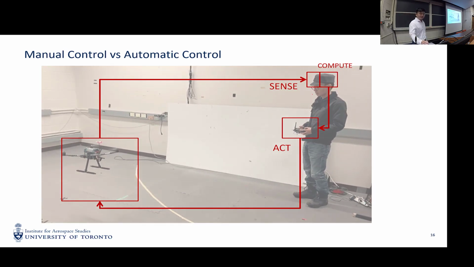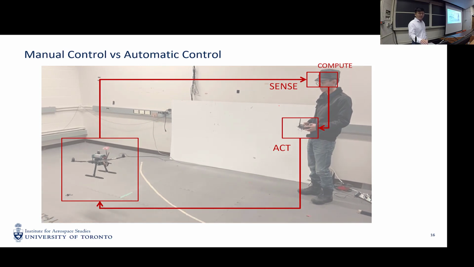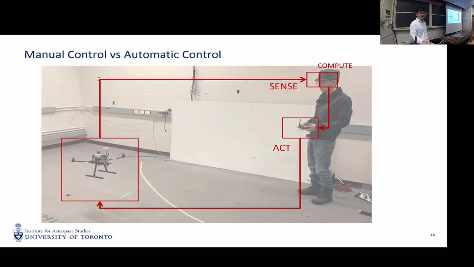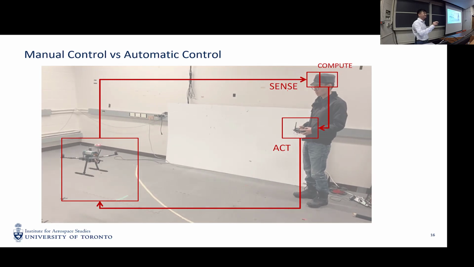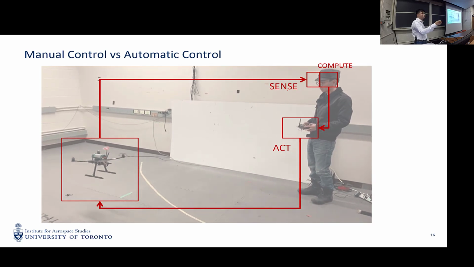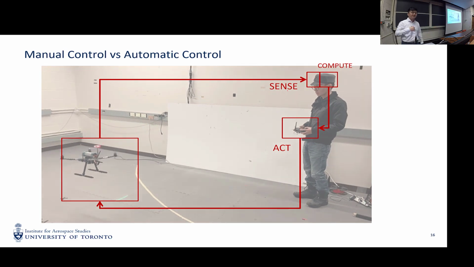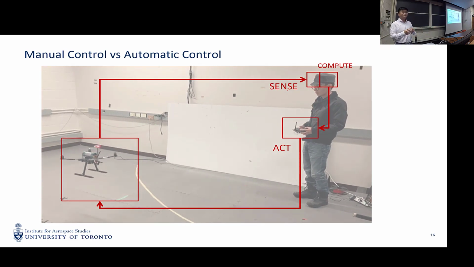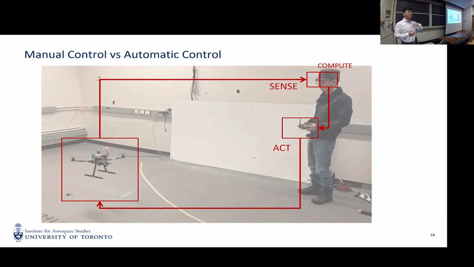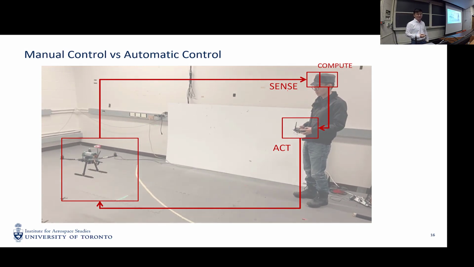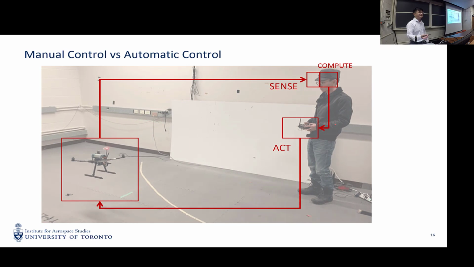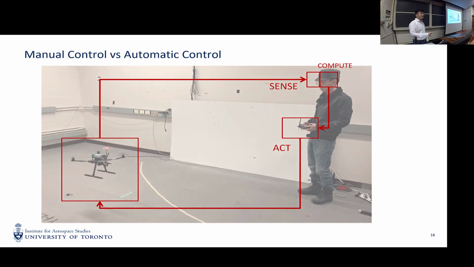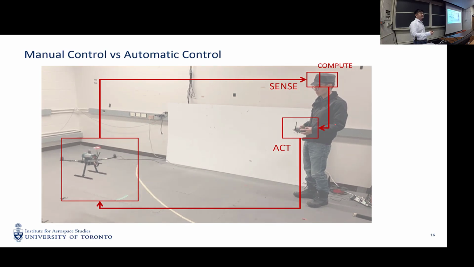So when the operator is controlling the drone, his or her eyes act as a sensor to measure the position and velocity of the drone, and the brain calculates how I'm going to command this drone to move either backwards or forward, and then the brain sends signals to the hands so that we can apply such control through the remote transmitter.